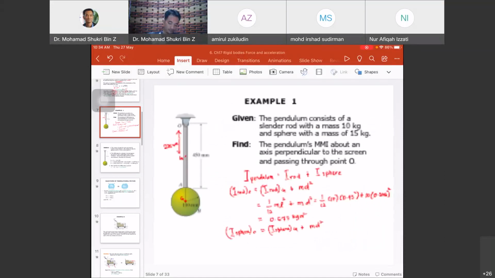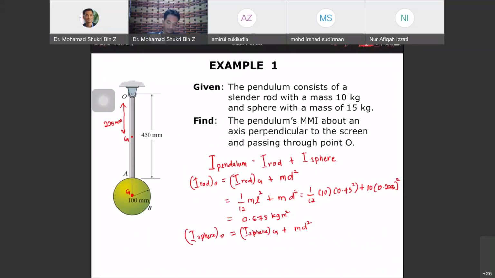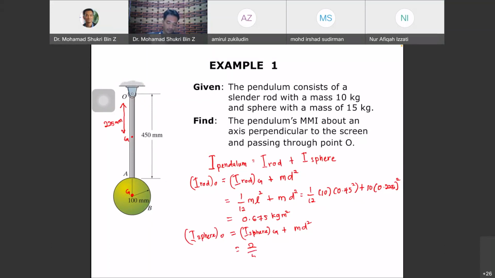So we have 2/5 mr square plus m d square, d, distance daripada graviti sehingga titik O, ini titik O. So 450 plus 100, you have 550 mm.